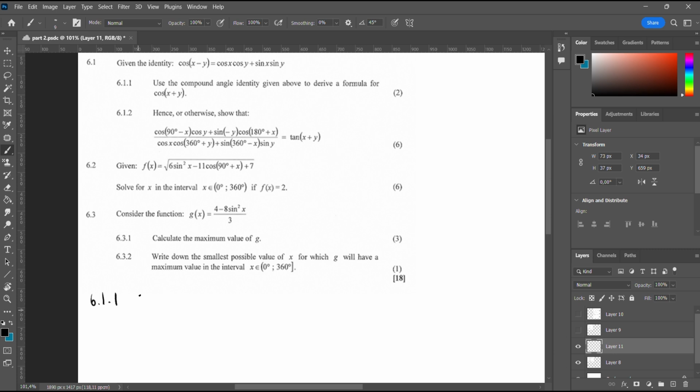So what we're gonna do, we want this to resemble a positive, and the only way it could resemble a positive is if we write cos of x minus y.